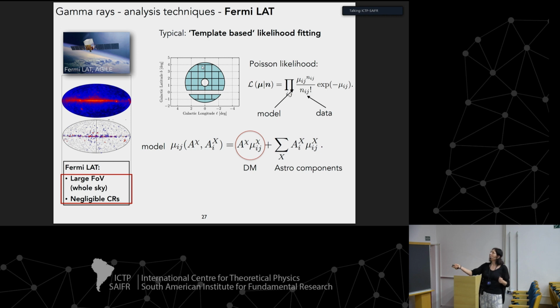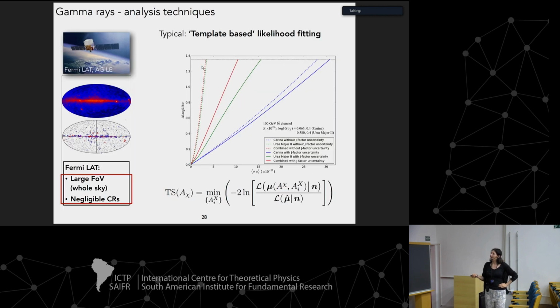In each pixel, your model predicts mu counts, that have parameters A_i for astrophysical components, and for dark matter components have this parameter A, which could be the cross-section, like the overall normalization of your signal. Then you compare it to the data, find the best parameters that fit from the model side, and then find limits on your dark matter parameter. We will talk more about this on Thursday as well, how it works in practice.